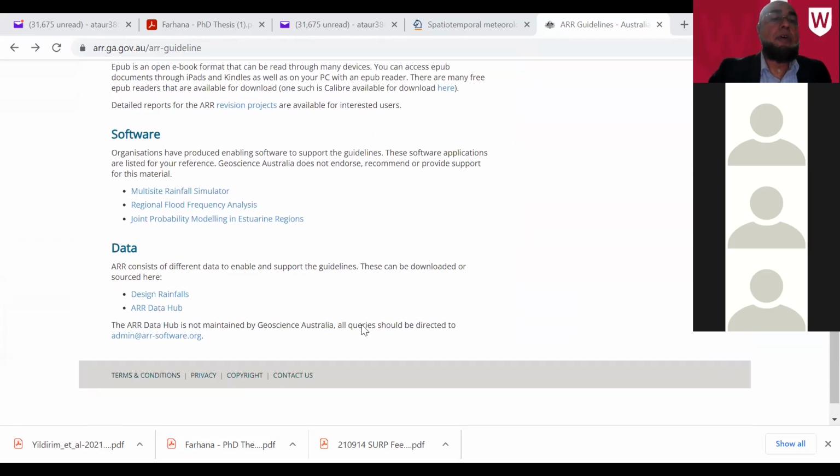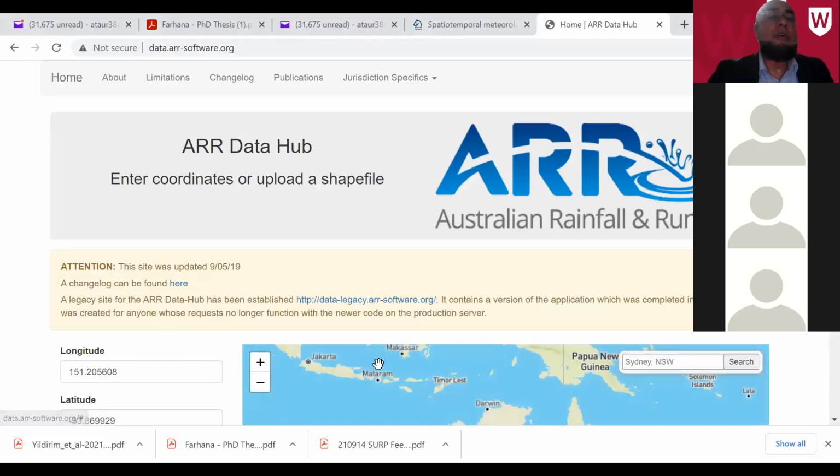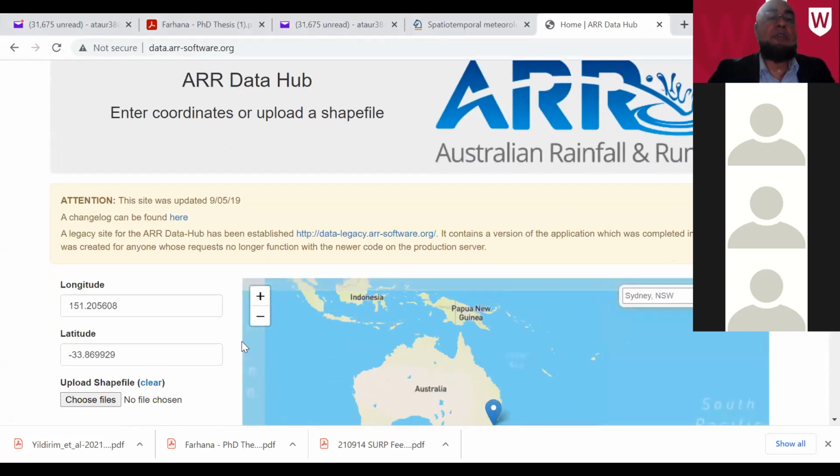Yes. Okay, so in this ARR, if you come to the data, then you will see that it has a data hub, the ARR data hub. If you click it there, then it will give you a window-based map.